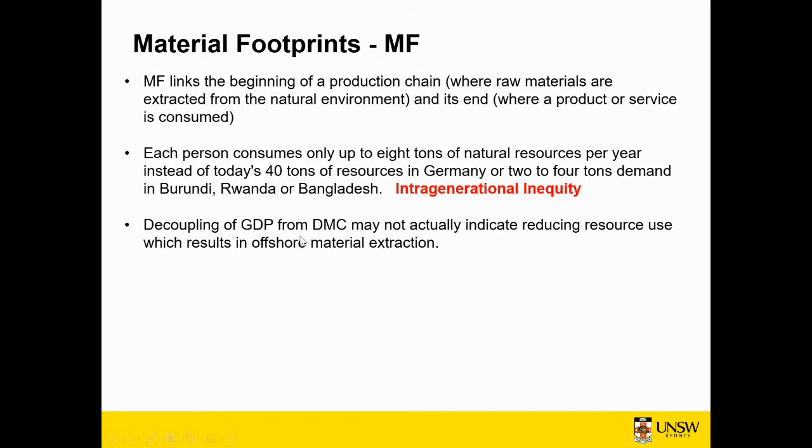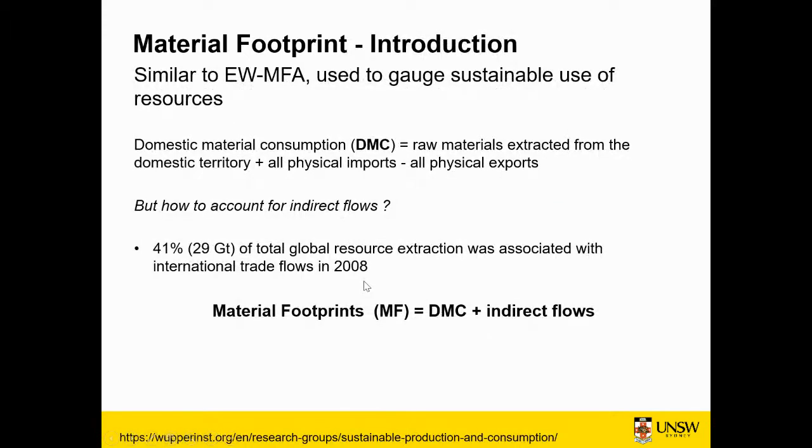So sometimes if a country consumes a lot of industrialized products, the initial mass of materials required to produce those products is much more than the actual mass of materials being imported and consumed in the country. So again, if we look at domestic material consumption, which is what the national material accounts normally look at, we are looking at raw materials extracted in the domestic territory and entering the economy, so no hidden flows, then physical imports and physical exports.